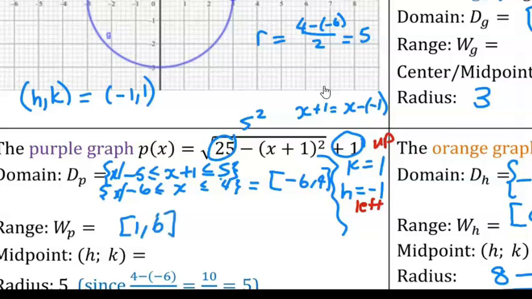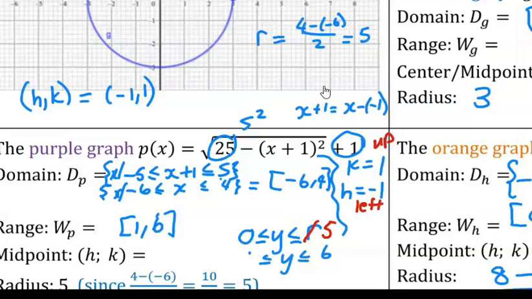That's from the graph. If I look at my y value, remember that my y normally for the upper half is in between r and 0, but now I've shifted one up, so my r in this case is now 5, so then it means I've got y less than or equal to 6 and greater or equal to 1, because I have to add 1 both sides to get to those values there.